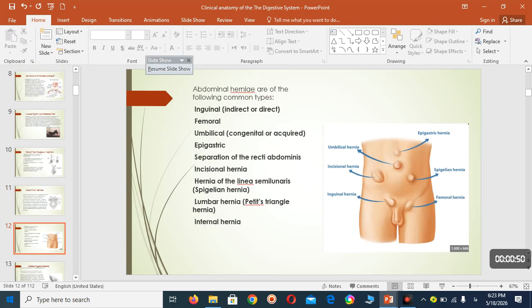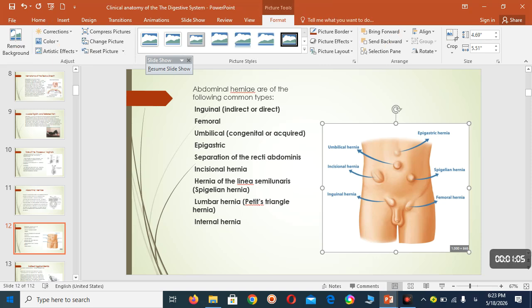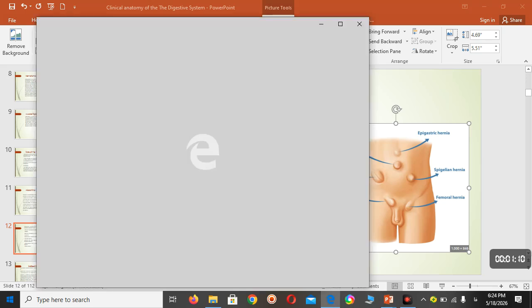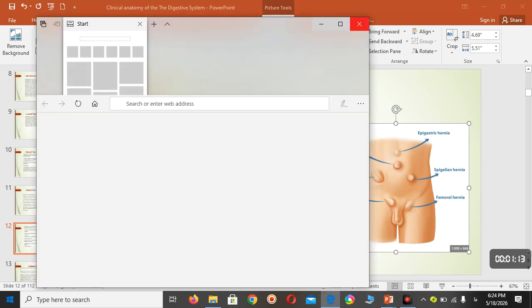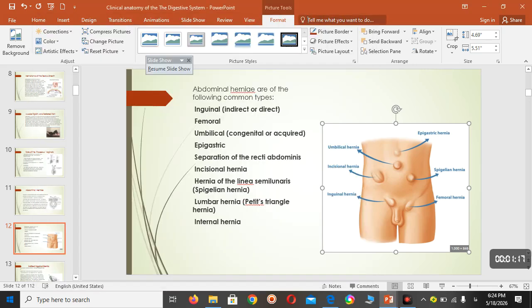Maybe in the anterior abdominal wall we have hemorrhage. You can see here better.